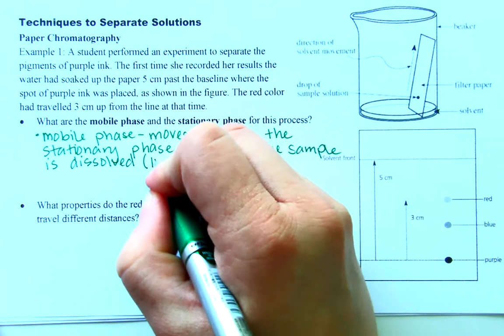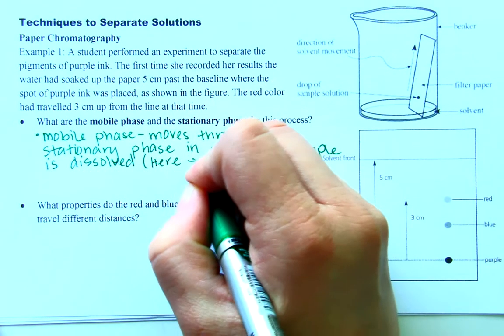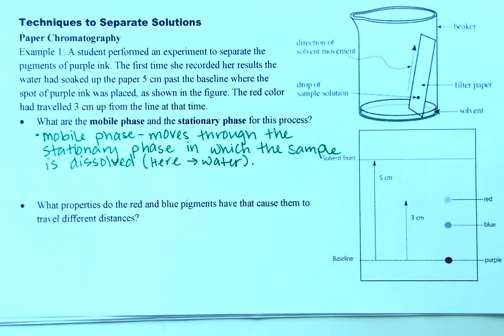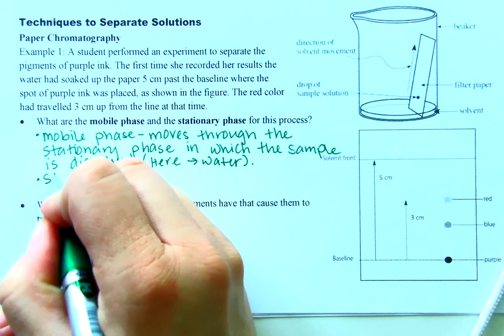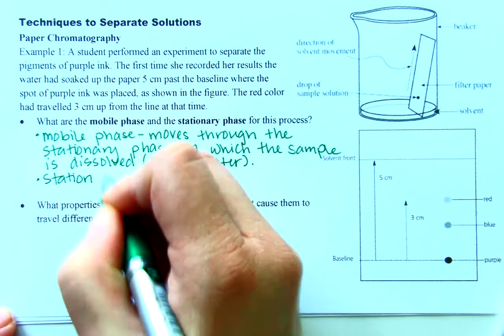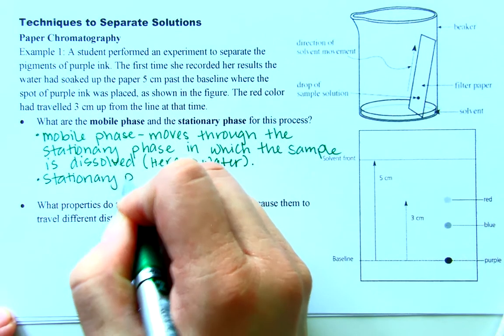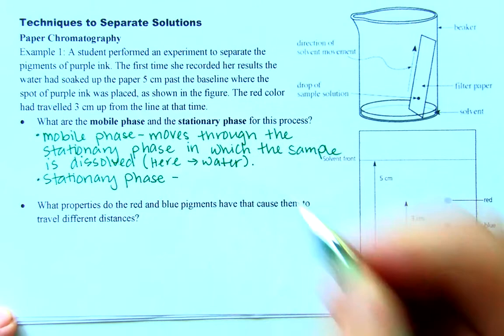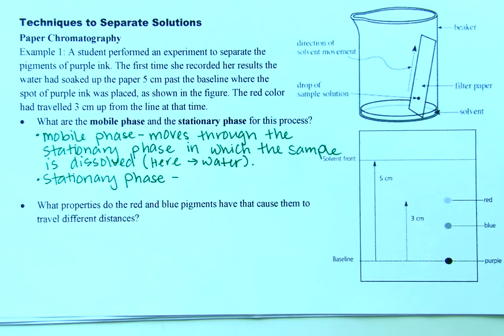And here, it's water. Okay, our stationary phase then is the phase that doesn't move. Here it's the filter paper. And this doesn't move, and the sample also adsorbs onto it, so it kind of sticks to the top, kind of like we talked about the adsorption earlier of gases over certain metals.